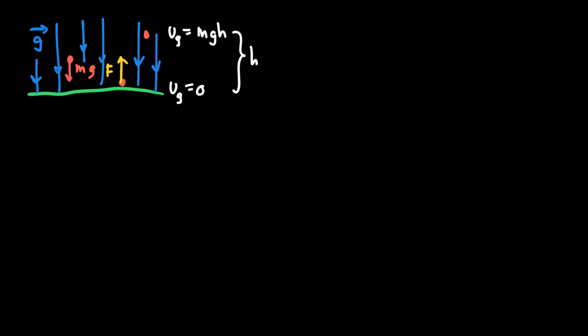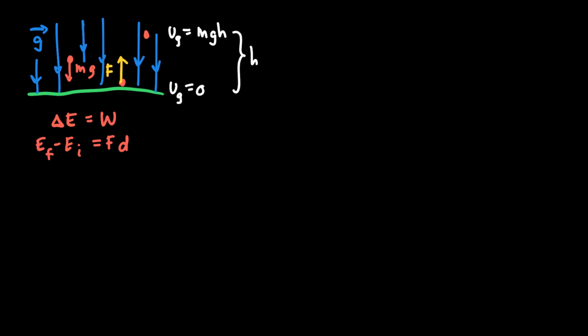In general, we could equate the change in energy of this object to the work I've done on it. The way we get that mgh is we say that the final energy, EF, minus the initial energy, EI, is equal to the force I exert times the distance over which I exert it.